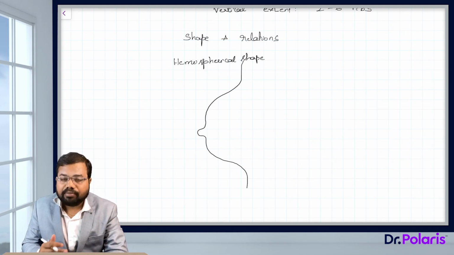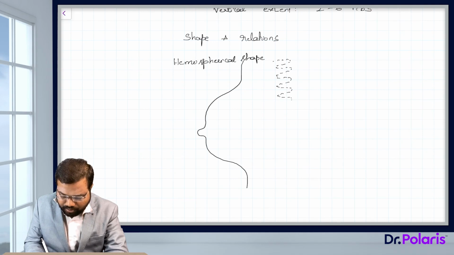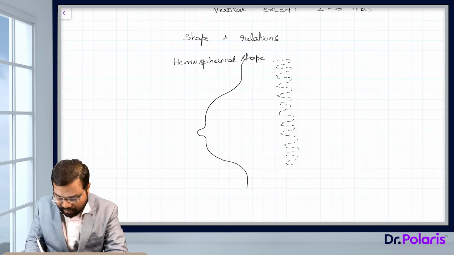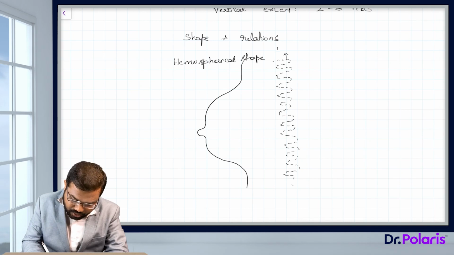And behind the mammary gland, at the posterior part of the mammary gland, there is a modification of space called the retromammary space. Why is it called a retromammary space? Because it is present behind the mammary gland. So this space is called the retromammary space.